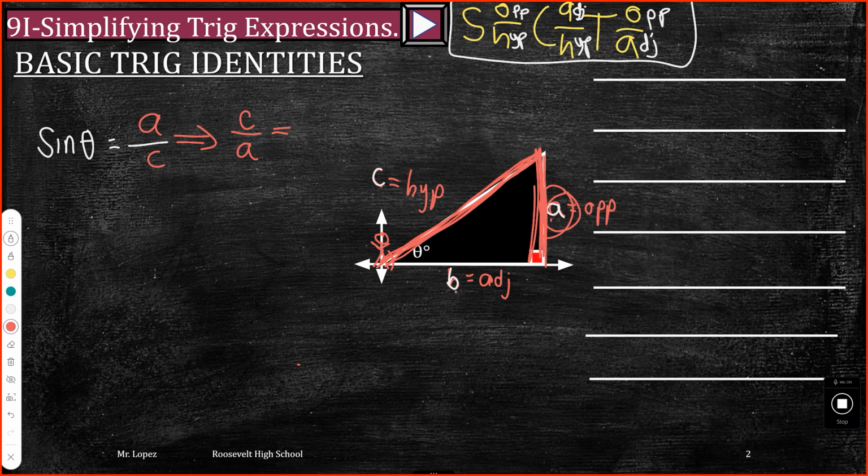What's the reciprocal function called for sine theta? Anybody? Do you know it, Lainey? No. Somebody. CSC, whoever said CSC, thank you.